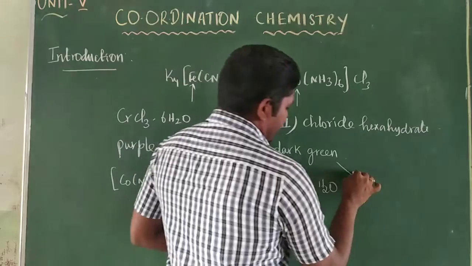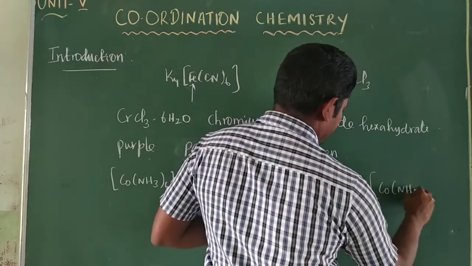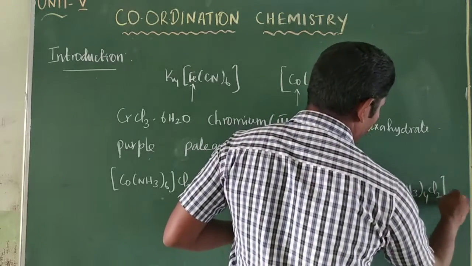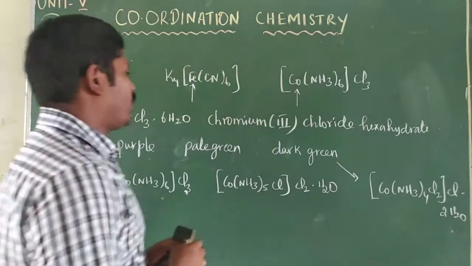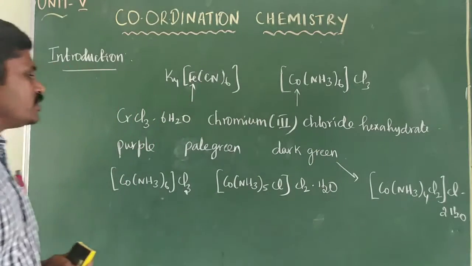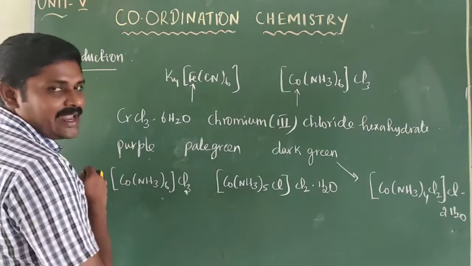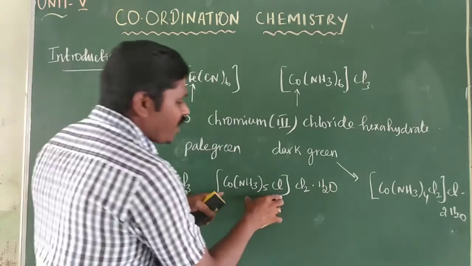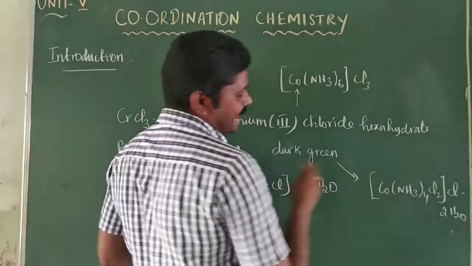In dark green color, [Cr(NH3)4Cl2]Cl·2H2O. So chromium(III) chloride hexahydrate exists with different colors: this complex compound purple, this one pale green, and that one dark green.